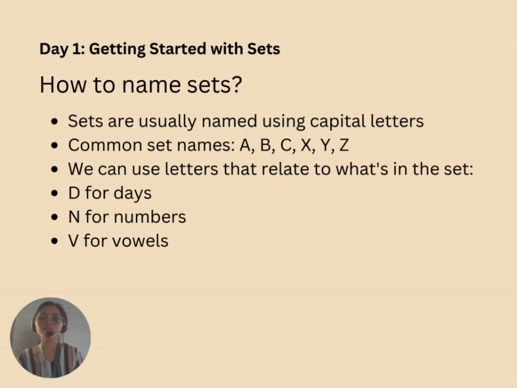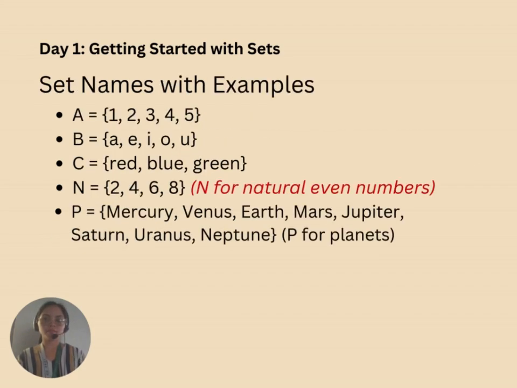These letters make sense with what the set is all about. The common set names are A, B, C, X, Y, Z. Those are very common letters used in naming sets. Let me highlight again: we need to use capital letters to name a set.